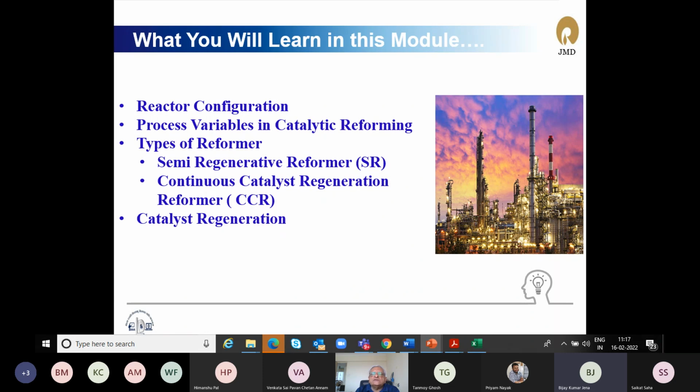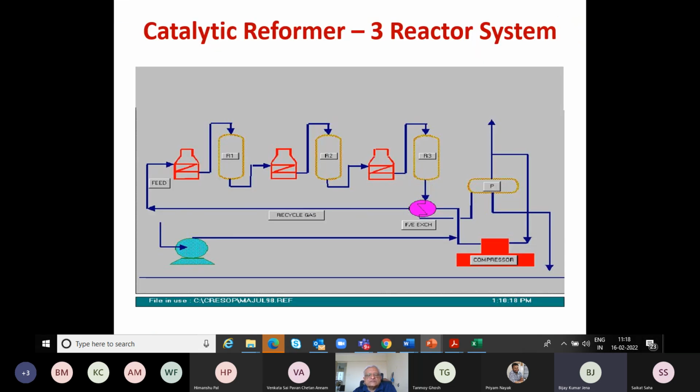It is done, let's say, once in a year or once in 14 months. While in a continuous catalyst regeneration reformer, we continuously regenerate the catalyst as the reaction goes on. So we will talk about all of them. By the end of this module, you'll learn exactly how catalytic reforming is carried out.